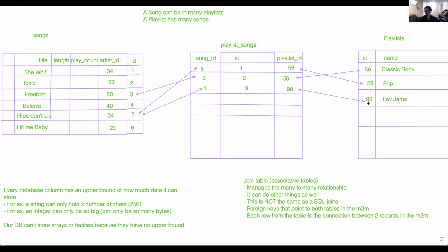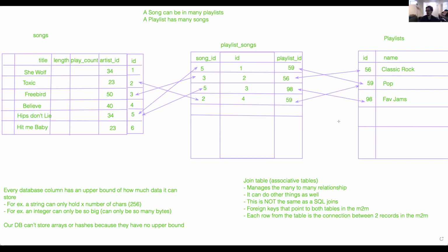Dougie, can you give me another one? I will do Toxic. In the songs ID field, you'll put 2. Yep. In the ID field, you put 4. And in the playlist ID field, you could put 59. Perfect. So now we'll connect 2 and 2, and then 59 and 59.